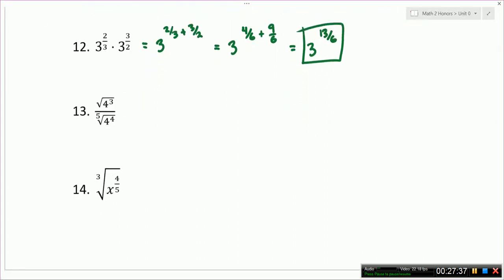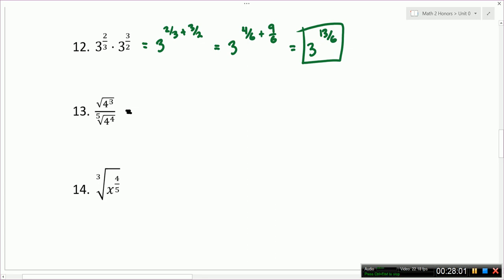Number 13, we are in a fraction form. You can think of that as division. We're trying to simplify it or condense it into one expression as much as we can. Let's change it out of radical expression into exponential.